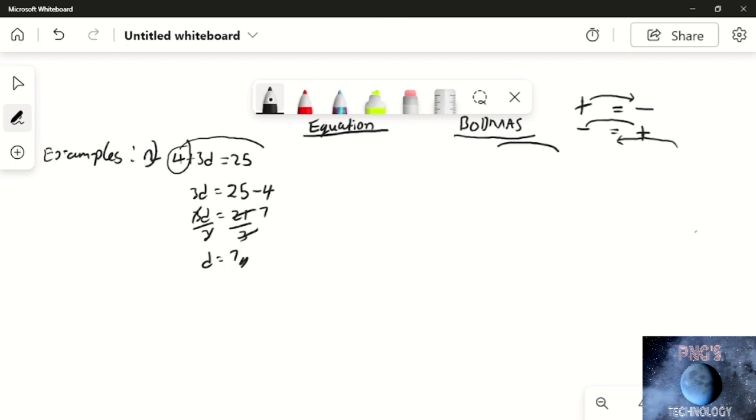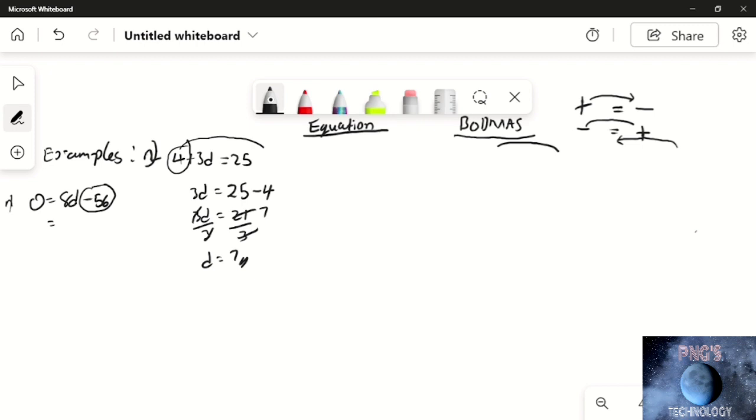So let's see another one we have right here. So example N, we have 0 equals 8d minus 56. So we can say crossing this to the other side becomes plus 56.